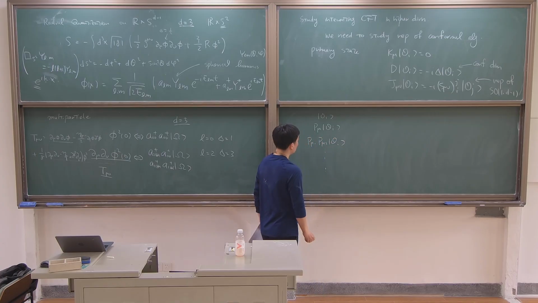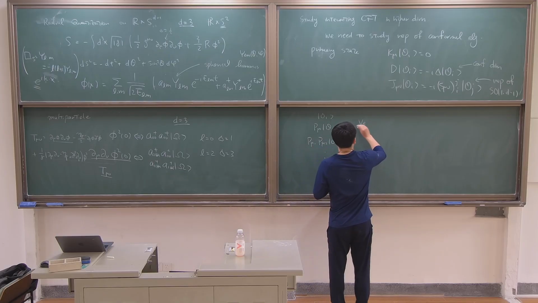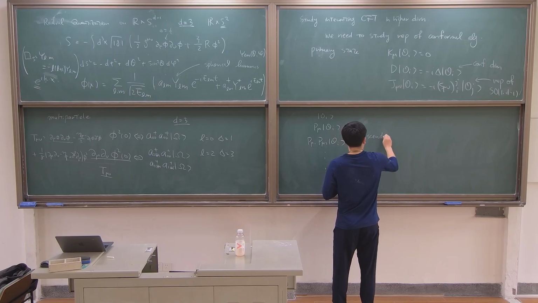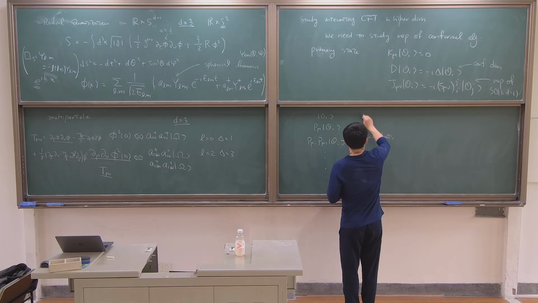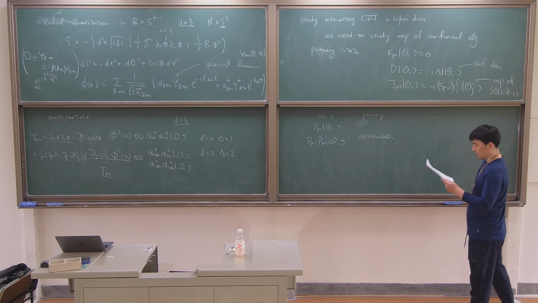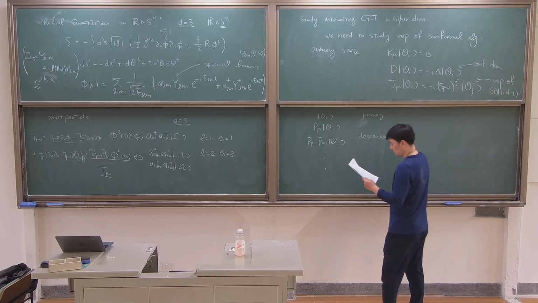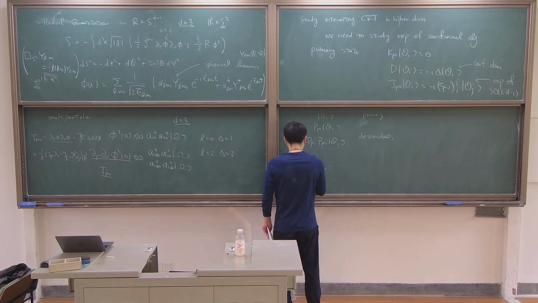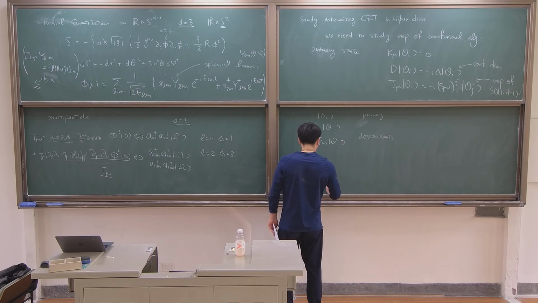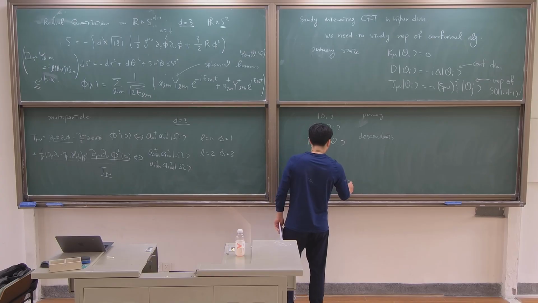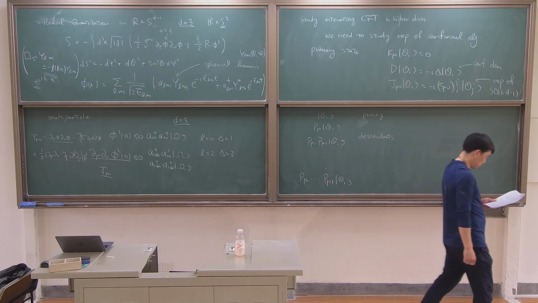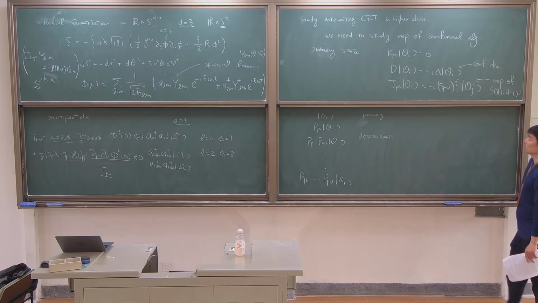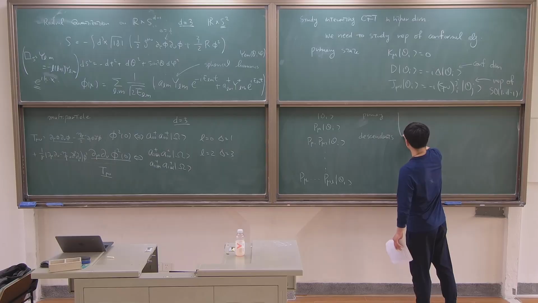Like this. So the primary state and those are descendants. And this is primary. And then you can act a number of times with P_mu1 through P_mul on the primary state like this one. And those are the Verma modules.